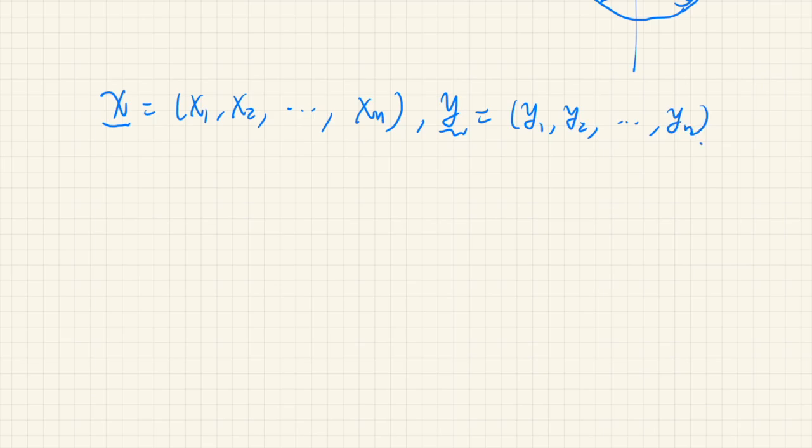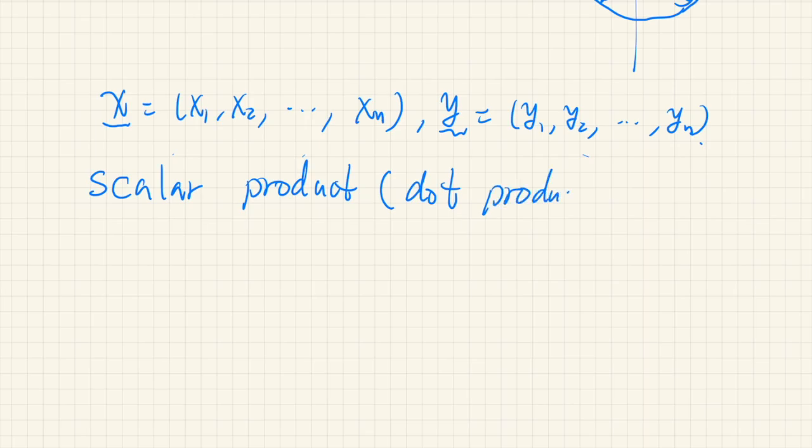So these are n-dimensional vectors. For two vectors, their dimensions must be the same. Then we define the scalar product, or we sometimes call it the dot product or inner product.